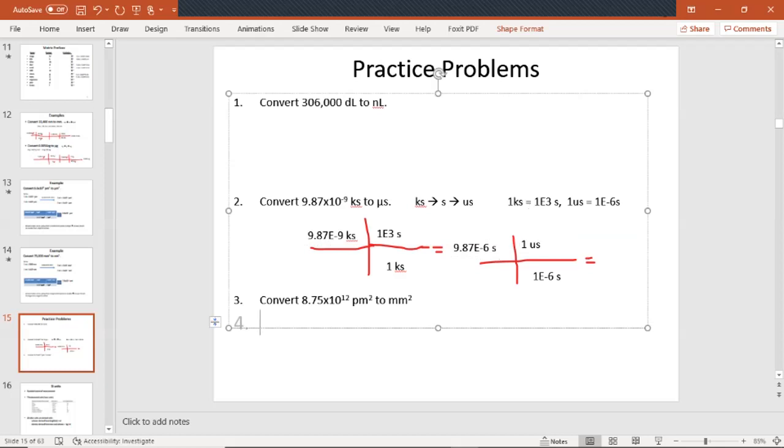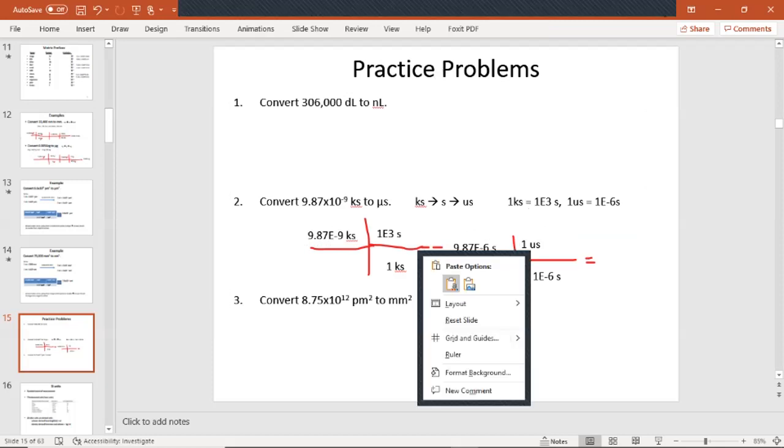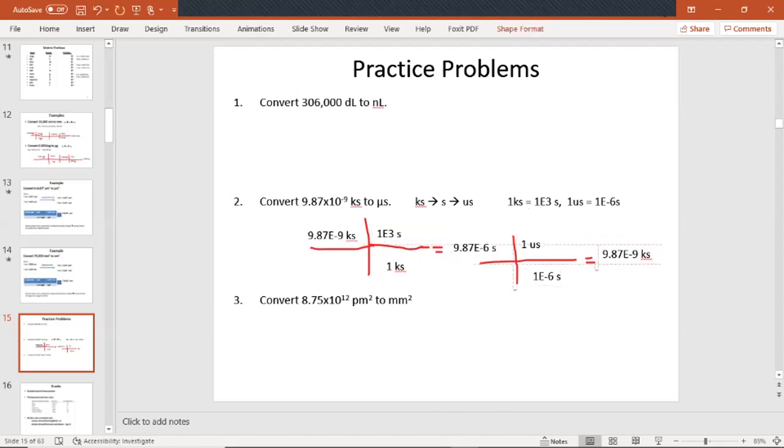So when we divide, we subtract exponents. So 10 to the negative 6 divided by 10 to the negative 6 is 10 to the 0, and 10 to the 0 is 1. So our answer is just 9.87 microseconds.